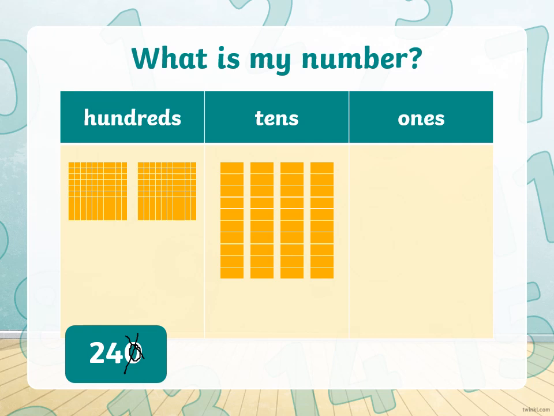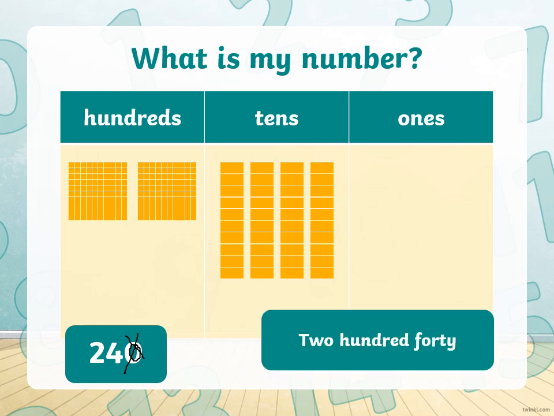So we need the 0 as the placeholder. Now let's write that in words. 240. And let's rub this away. So that's correct. 240 with our 0 as a placeholder in the ones column.